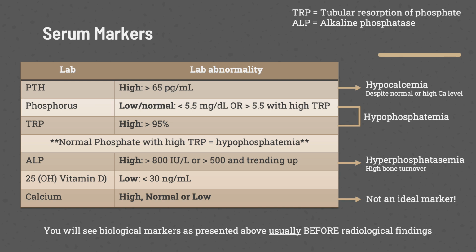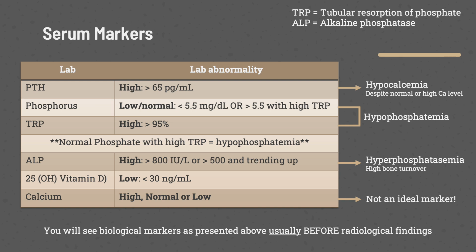Additionally, ALP, or alkaline phosphatase, is used as a marker for bone turnover. So essentially, if baby is going back and forth between forming bone and breaking down bone, that's when this level increases. Additionally, vitamin D. Now, vitamin D may be low in patients with metabolic bone disease due to rapid bone turnover, which requires more vitamin D storage in an attempt to improve calcium storage.